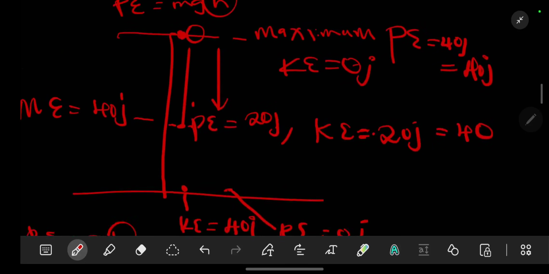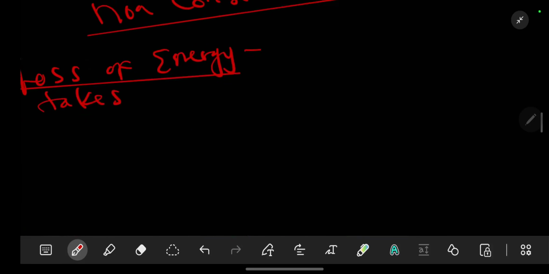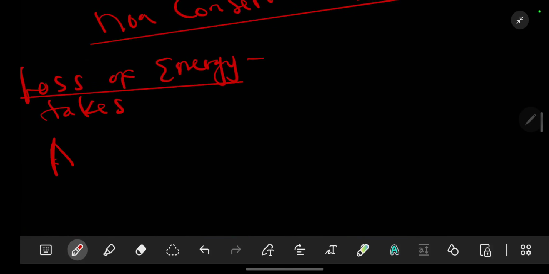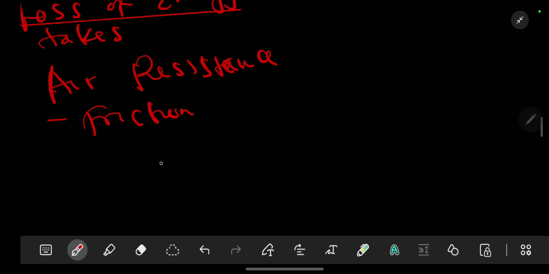As you can see, when the ball was falling, the energy is not lost, it's being transferred from potential energy to kinetic energy. But there are non-conservative forces such as air resistance and, let's say, friction. These tend to take away energy.